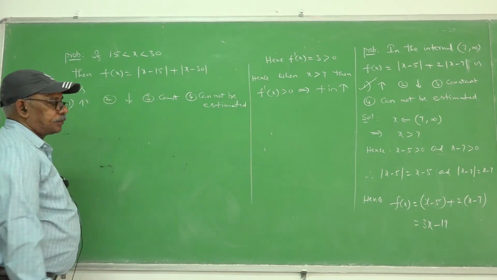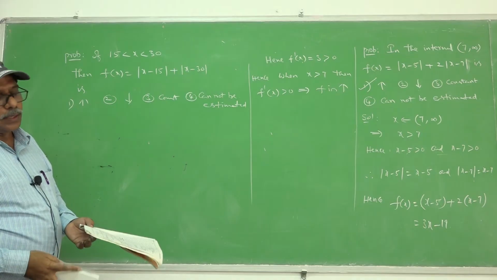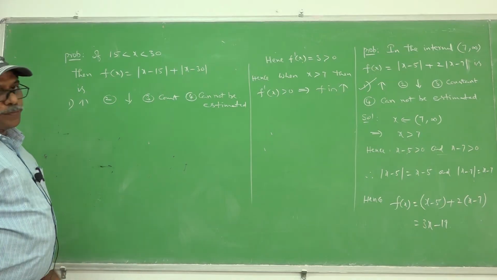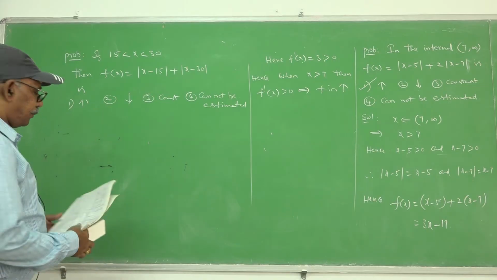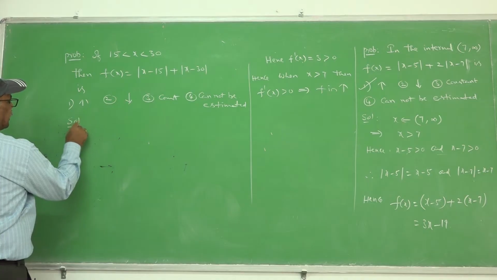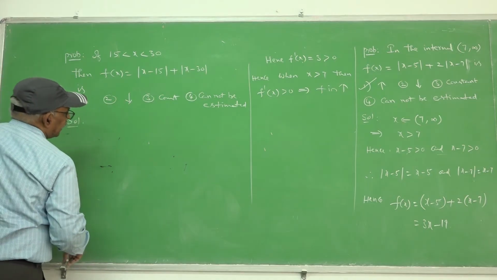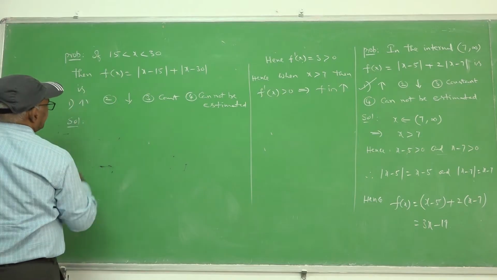Here also the interval is given. x particularly lies between 15 and 30 only, and for those values of x only you have to discuss the nature of the function. The monotonic nature of the function is to be discussed in that interval.